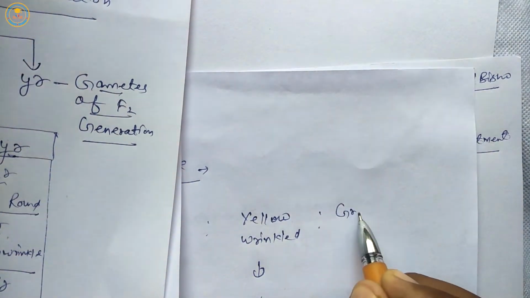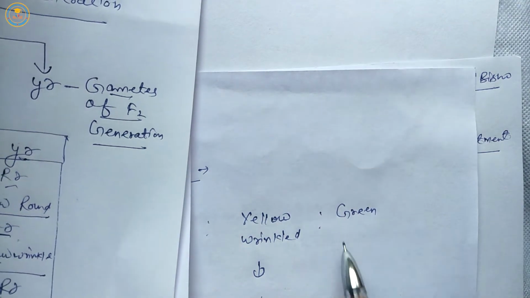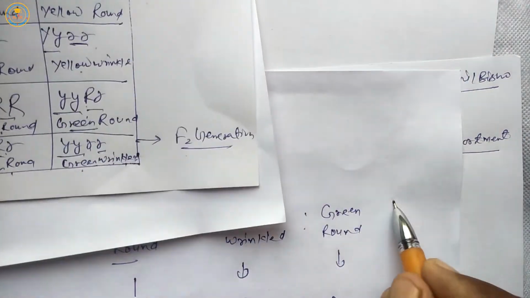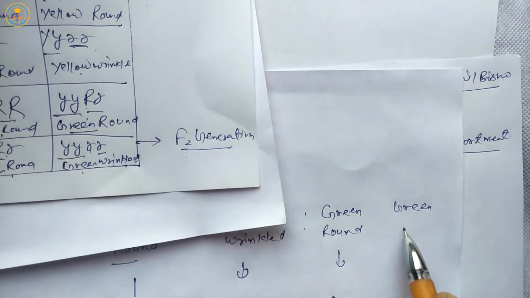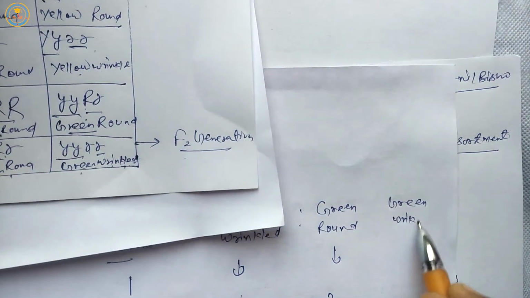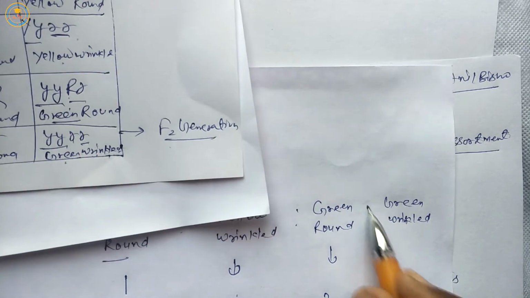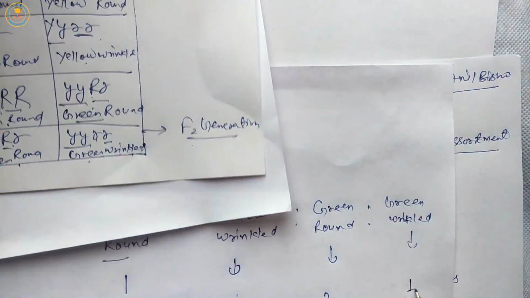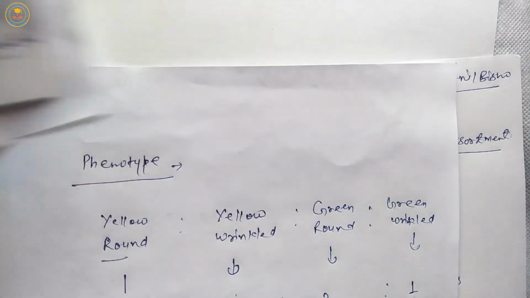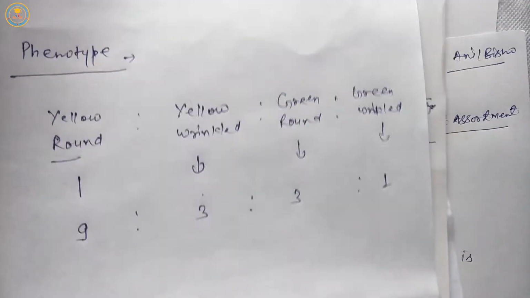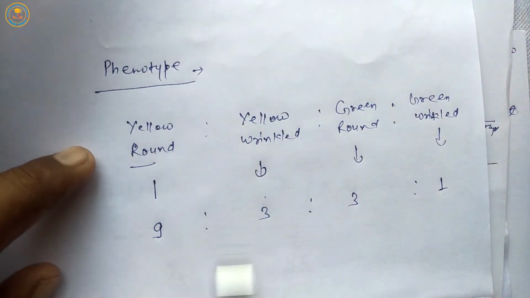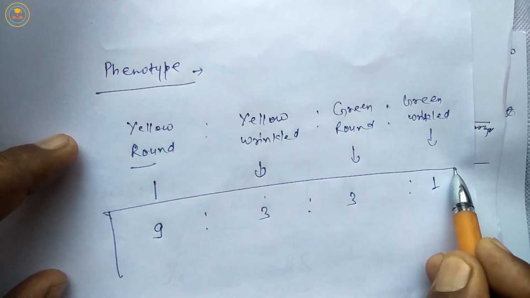It means 3 plants. Third is green round, 1, 2, 3. And last is green wrinkled, only 1 plant. So the phenotype of the F2 generation of the dihybrid cross is 9:3:3:1.